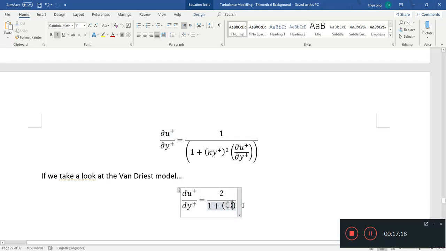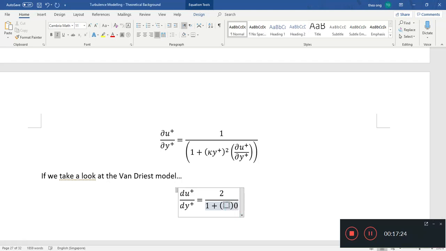Okay, squared. And next thing you will have inside is 1 plus 4, this is going to be long, kappa squared y plus squared.